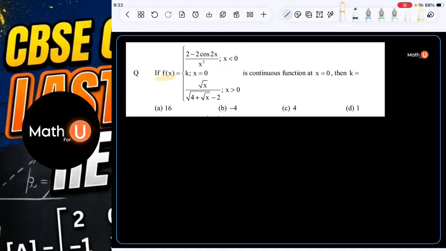This function is given, it is a continuous function at x equal to 0, and they are asking to find what the k value is. What is the value of k?